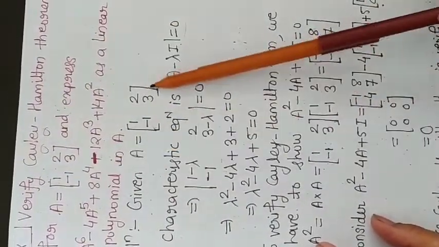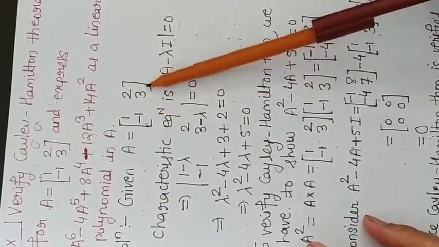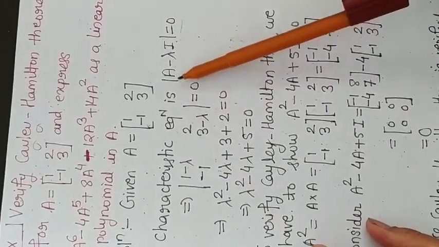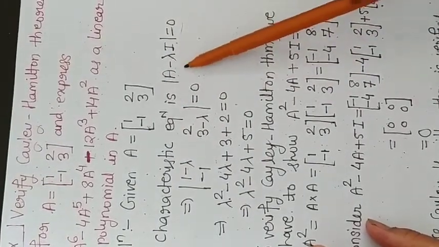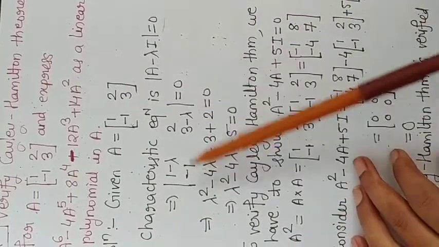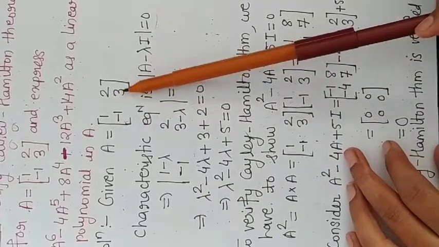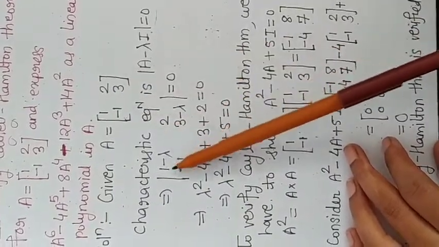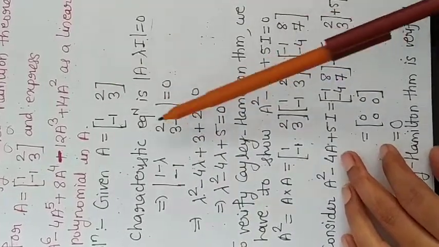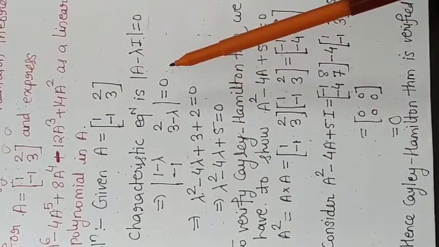For verification we need the characteristic equation, which is the determinant of A minus lambda I equal to 0. From the diagonal elements subtract lambda, so 1 minus lambda, 3 minus lambda, remaining elements as they are. The determinant of this is equal to 0.